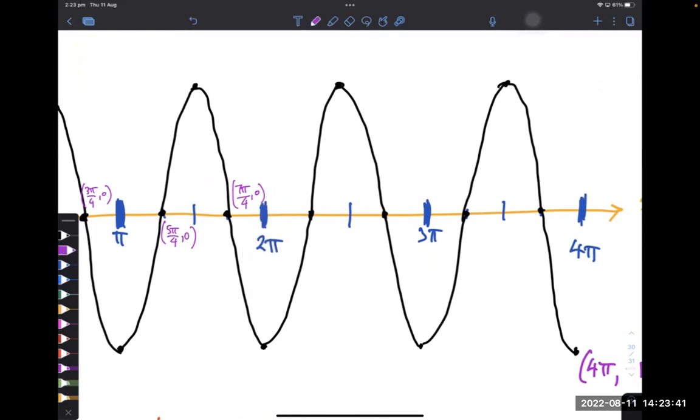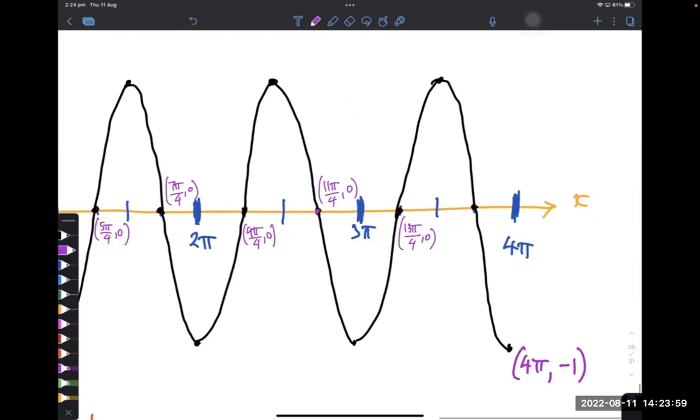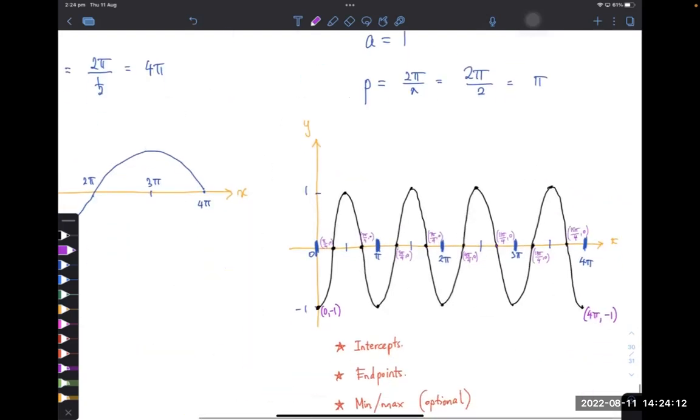Continue along. 9 pi over 4, and then 11 pi over 4 is just this one here. 12 pi over 4 is the same. 14 pi over 4, and what's 16 pi over 4 equal to? 4 pi. Right. Wow. That's it.